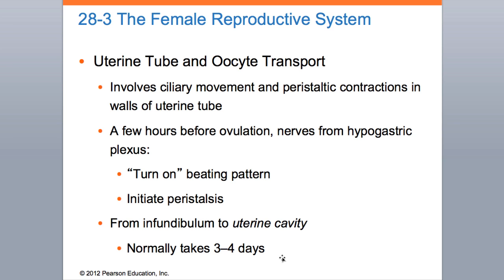So to go from where we had our fimbriae all the way to the ureter cavity, it takes about 3 to 4 days. That's going to be an important number count later. Next slide.